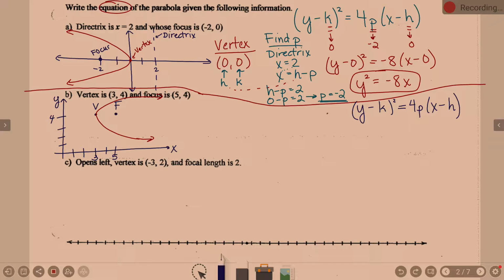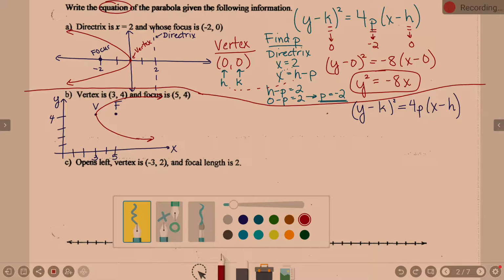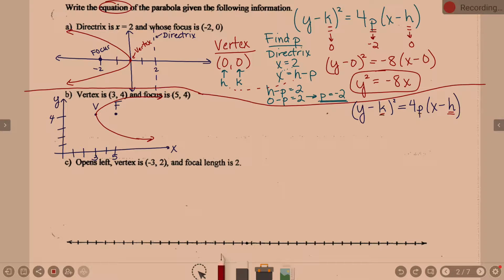Like earlier, I need to know h, k, and p. Well, what do we already know? If my vertex is 3, 4, what's that tell me? Those are h and k, correct?